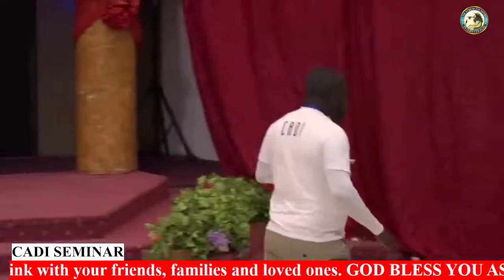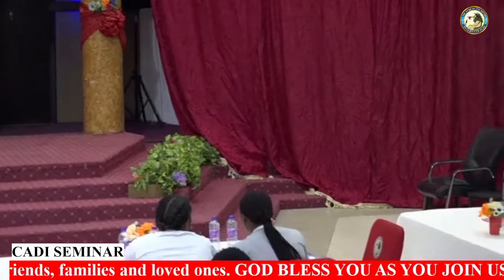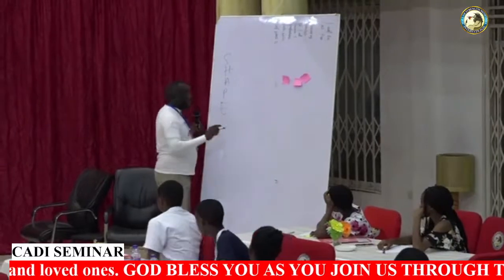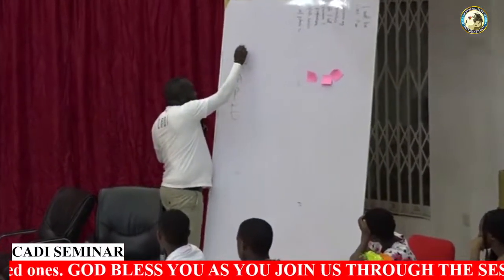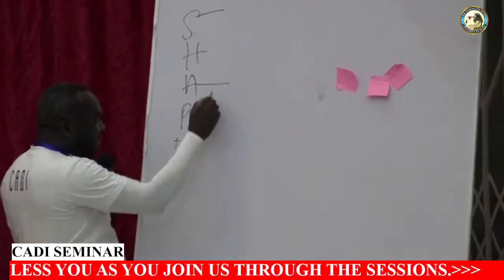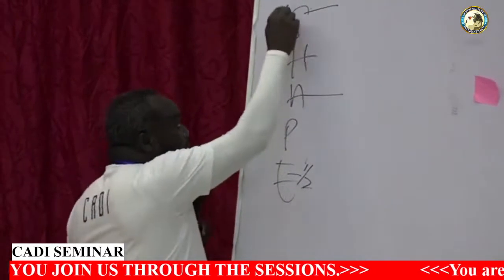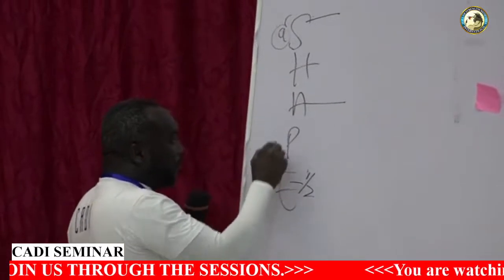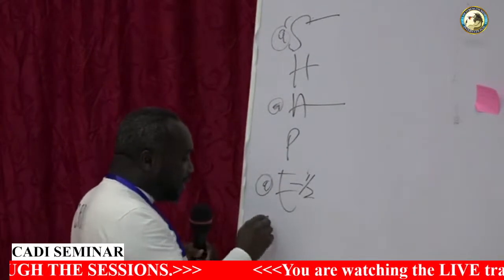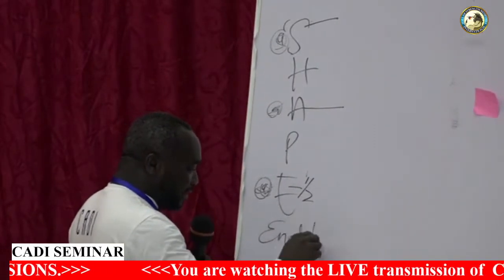In the SHAPE, you must note that your spiritual gifts, your abilities, and half of your experiences, we can label them A, E. They are enablers.